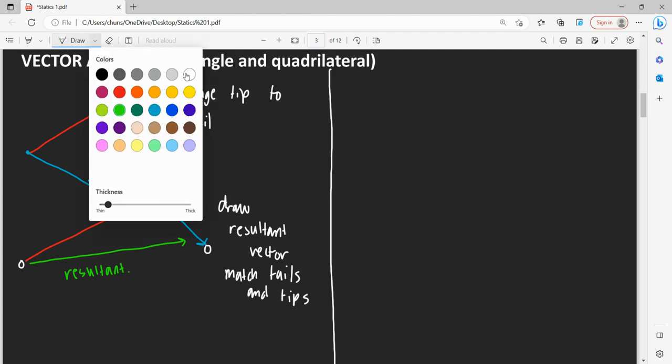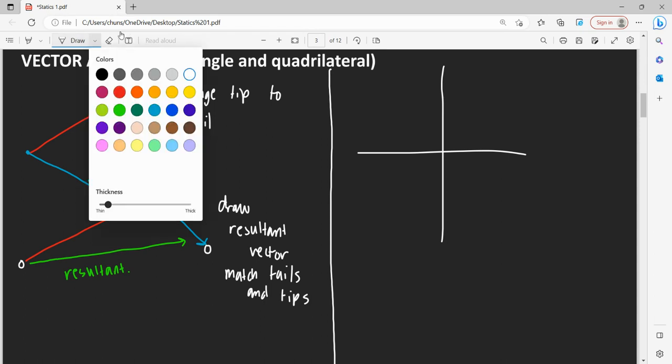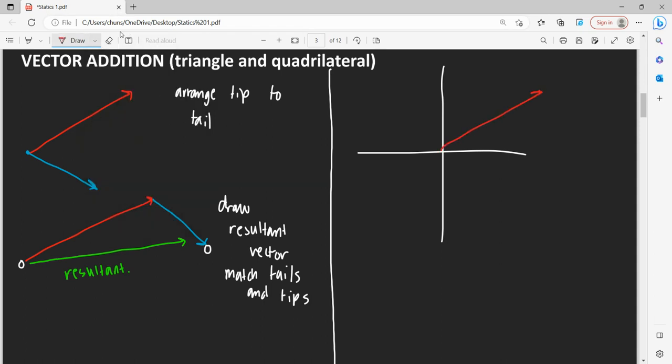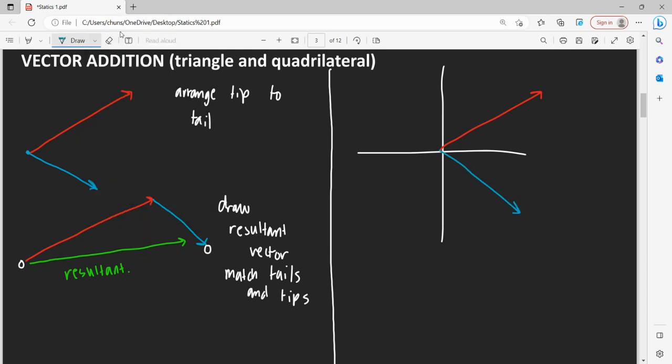So now if we had a quadrilateral way of solving it, this works easier when I illustrate it in a Cartesian plane. So let's say we have our red and blue again. What we want to do this time, we're going to start with our second force, and at the tip of our first one, I'm going to draw a line that is parallel. So draw a parallel line at the other vector's tip.